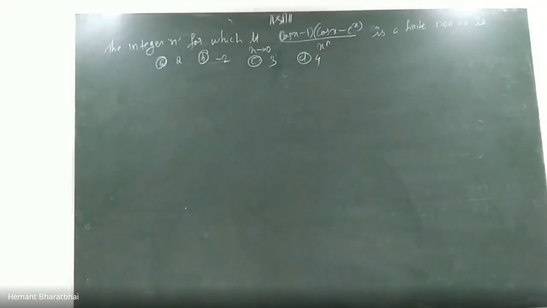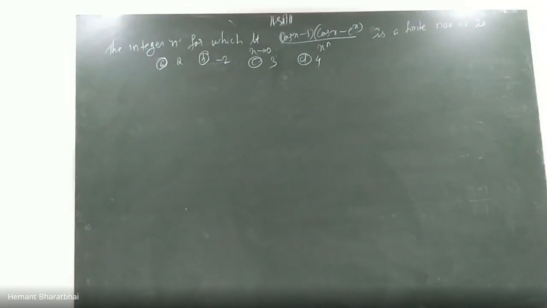So for which value of n, 2, minus 2, 3 or 4, does the given limit give me a finite value?